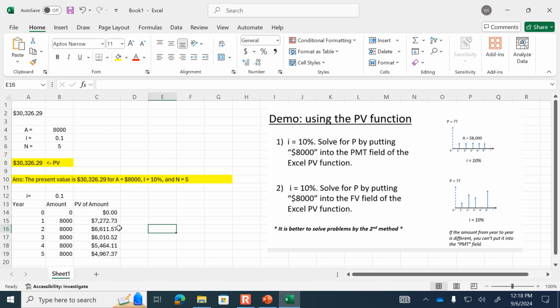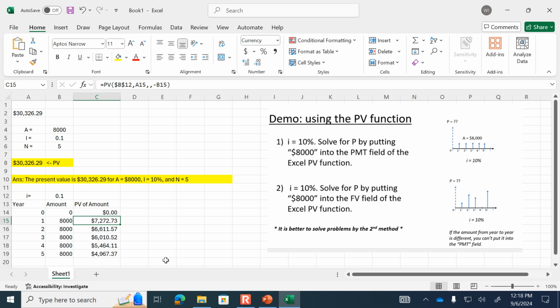Okay, so now I'm finding the individual present value of each $8,000 increment. And so it's interesting to see that the $8,000 in year 5 only contributes $4,967 when discounted to the present, compared to the $8,000 in year 1 contributes $7,272.